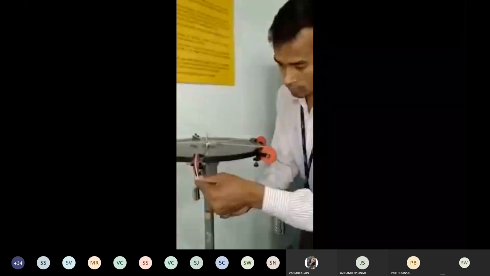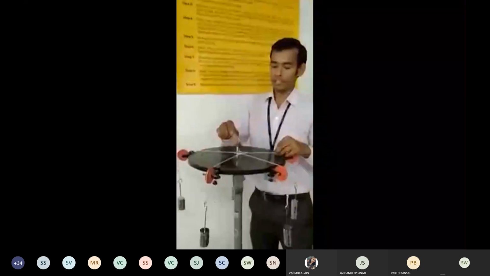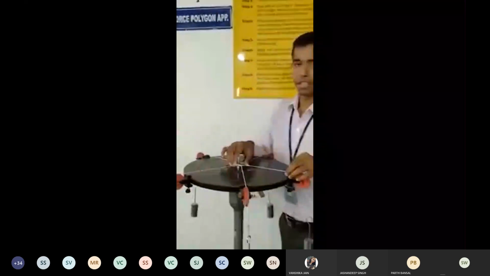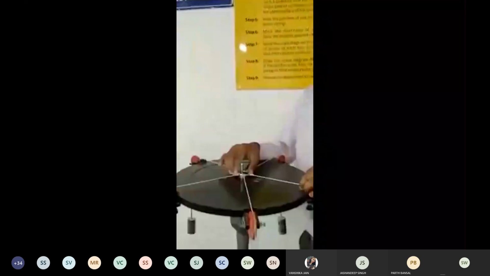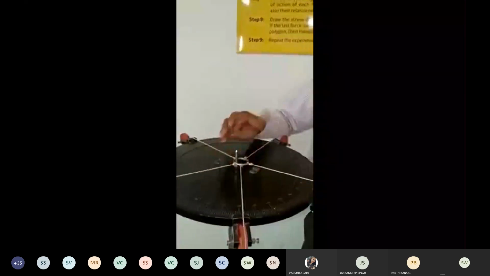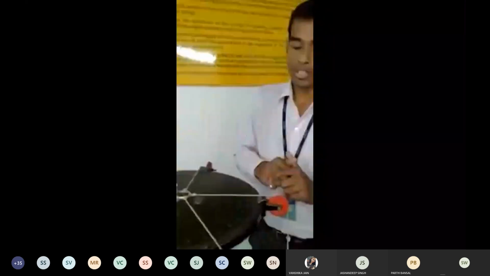So after putting all the weights on the pulley, see what is happening. After putting the weights, this ring is not in the central position right now. We have to make it in the central position. So we have to adjust some weight so that this ring comes in the central position. You can see some weight is put there, and at some pulleys we are putting some more weights. So the central position of the ring is shifted.